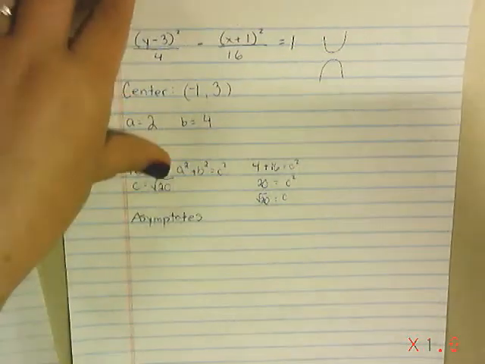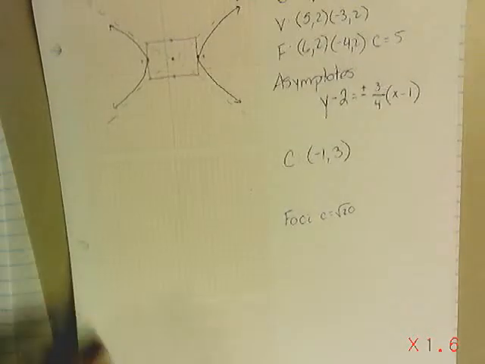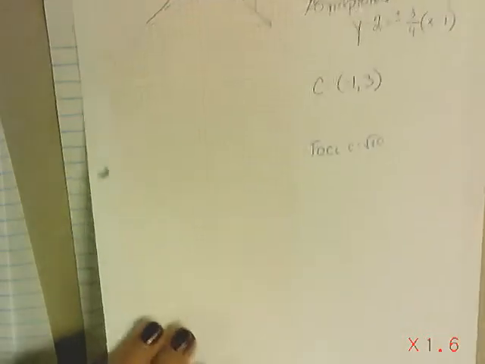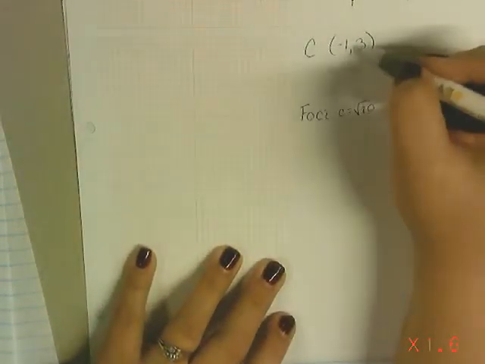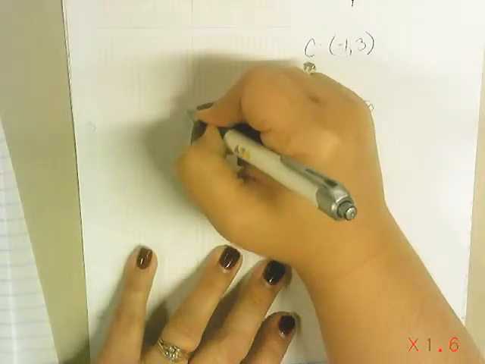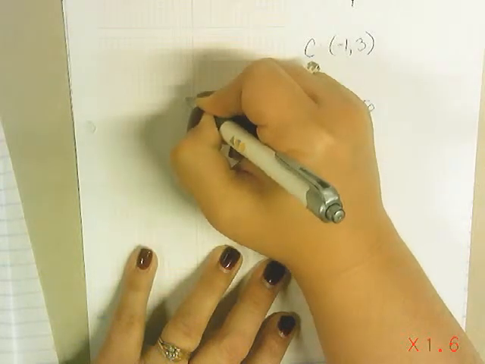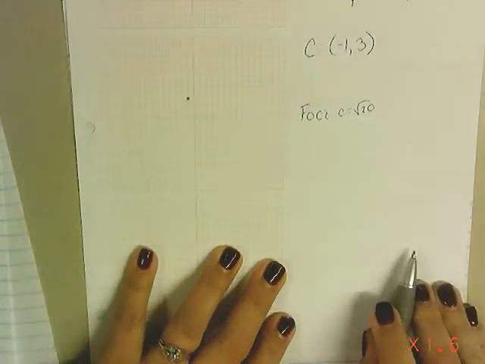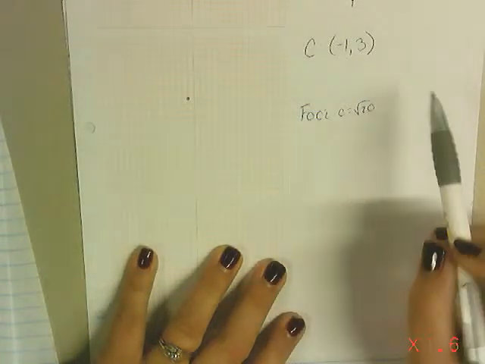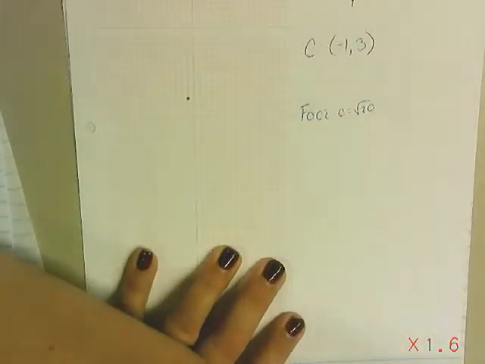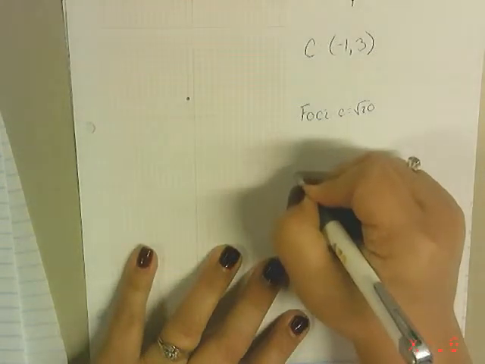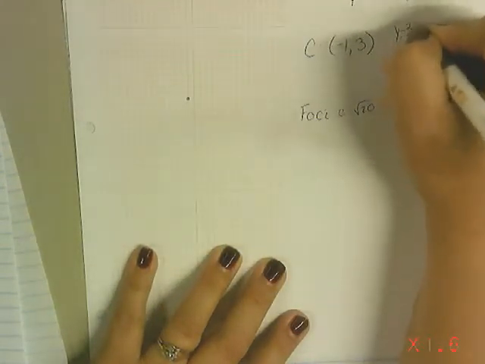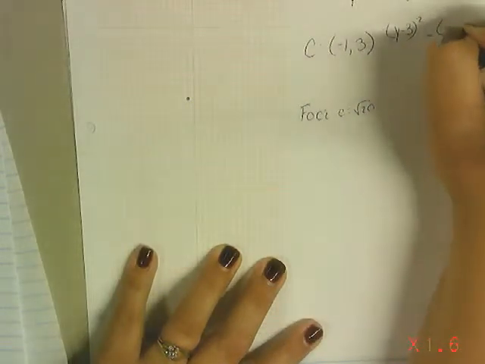All right, so let's look at how this would look when we go to graph it. So we start off, we graph our center, -1, 3. So back 1, up 3. The a value of 2, let me rewrite the equation here so we can see what we're doing. (y - 3)² over 4 minus (x + 1)² over 16 equals 1.